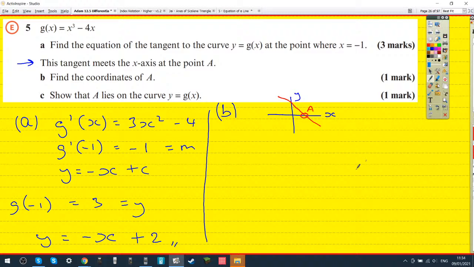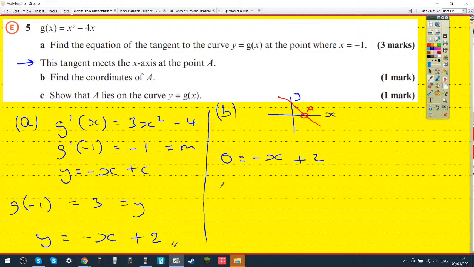So could use y equals mx plus c again. So it'd be 0 equals. But we don't know what x is. We're trying to find x. So it'd be minus x plus 2.